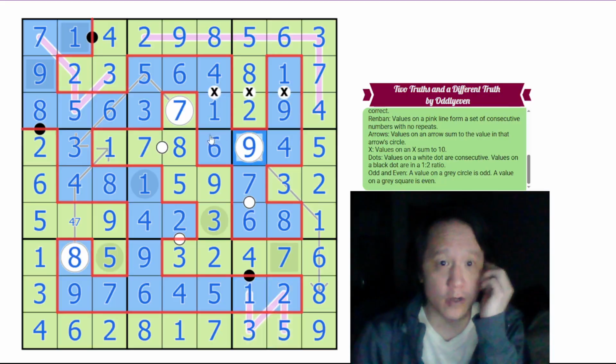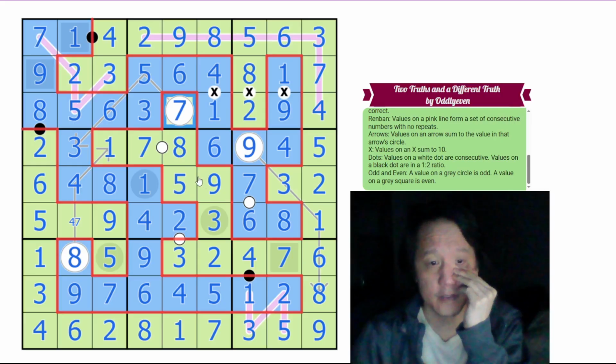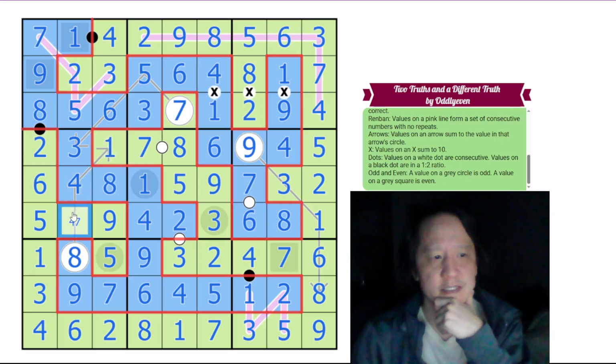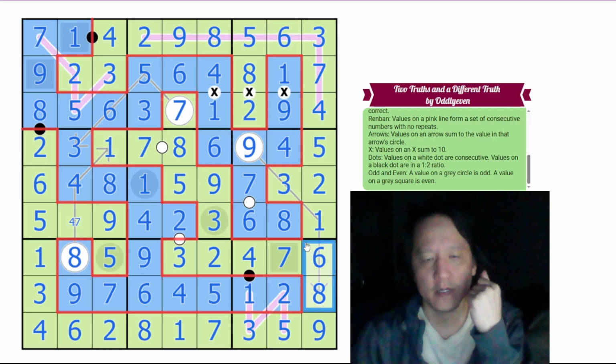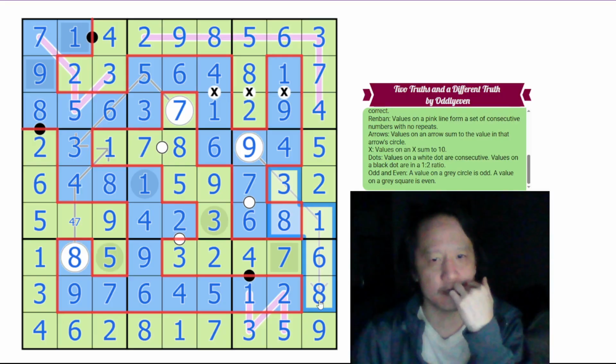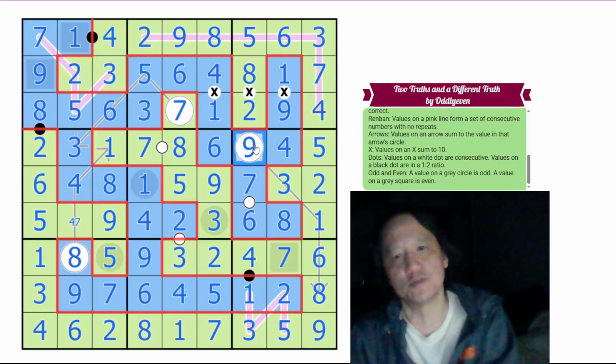For the arrows, 3, 6, and 5 doubled is obviously not going to add up to 7. 4 doubled is 8, plus 1 and 7 is 16, which is 8 doubled. So that's satisfied there. 1, 3, 6, and 8: 4 plus 6 plus 8 adds up to 18, which is 9 doubled, which is satisfied there.